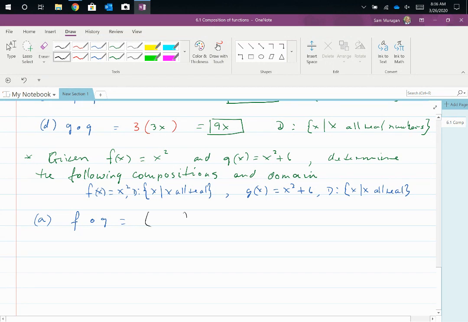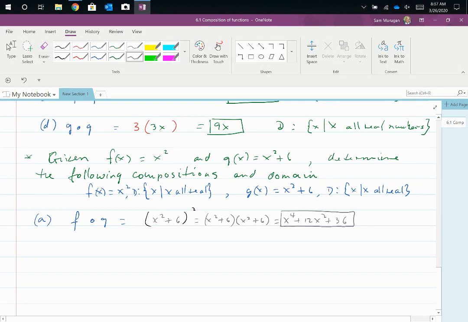So we're going to leave parentheses, and into this we're going to substitute the g function, which is x squared plus 6. FOIL that out, and we get x to the 4th power plus 6x squared plus 6x squared, which is 12x squared, plus 36.